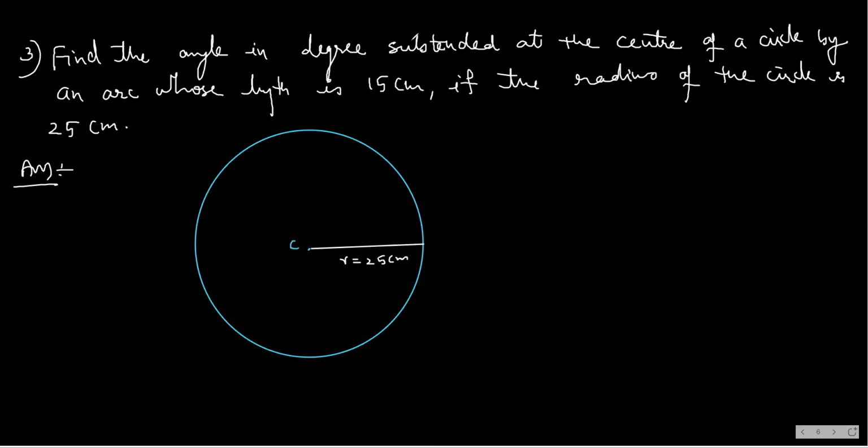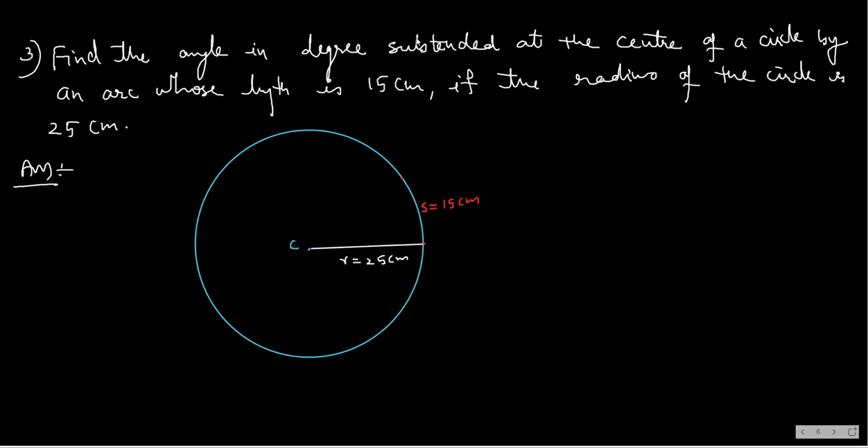Now for the same circle, there is an arc, and that arc has length 15 centimeters. So here I will have an arc somewhere, with one extreme here and the other extreme here, equal to 15 centimeters. What is S? S is 15 centimeters.